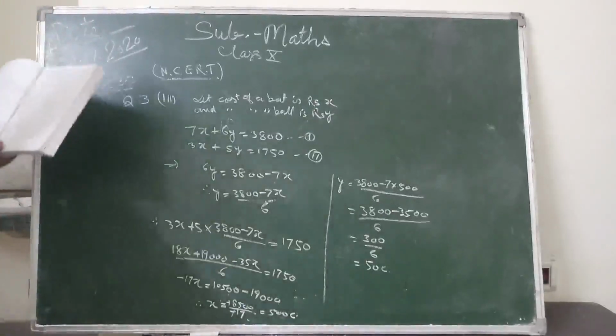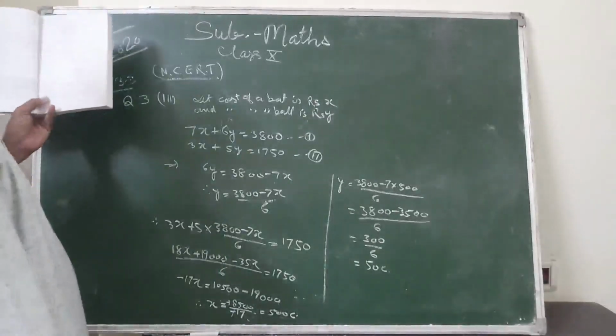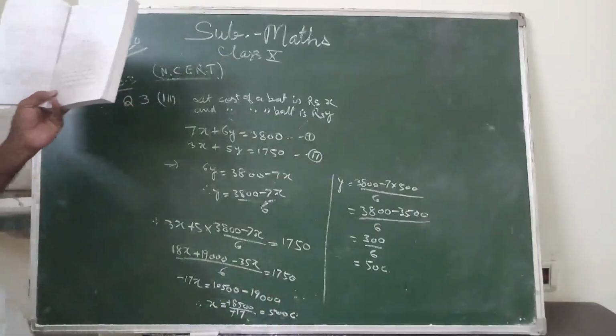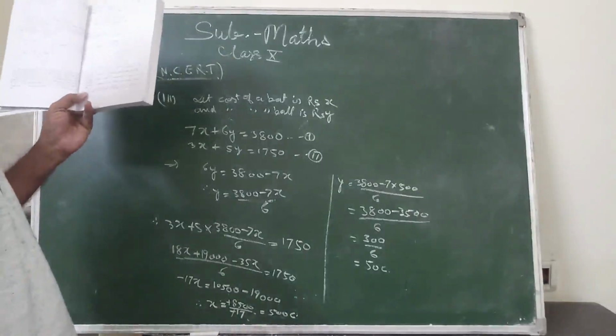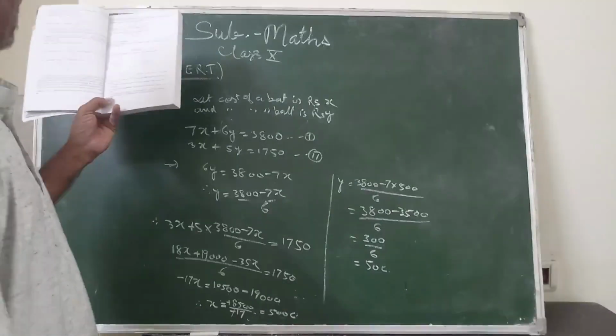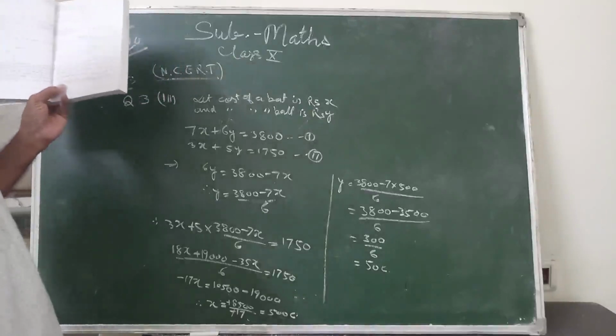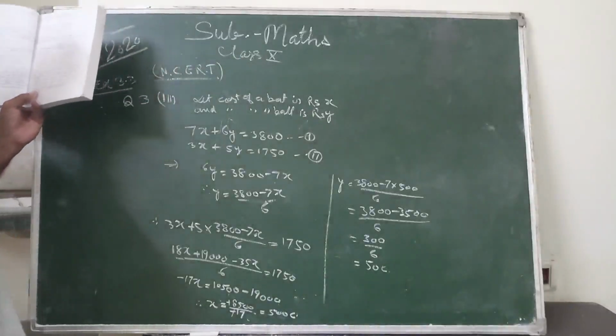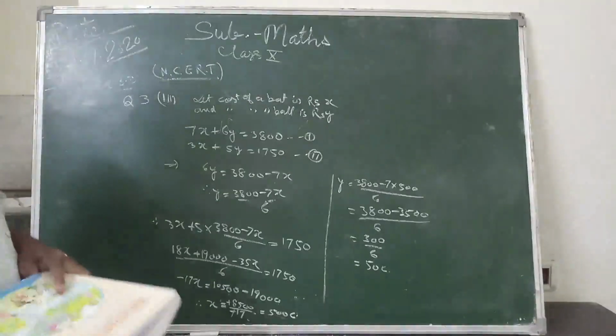Question third, part third. The coach of a cricket team buys 7 bats and 6 balls for 3800 rupees. Later she buys 3 bats and 5 balls for 1750 rupees. Find the cost of each bat and each ball.